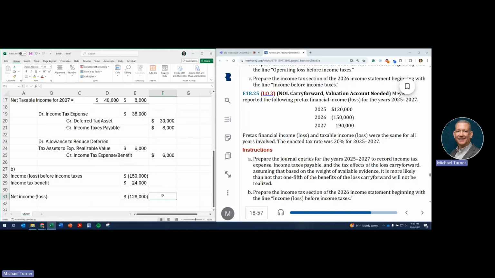So at this point, this does conclude solving exercise 18-25 out of chapter 18.